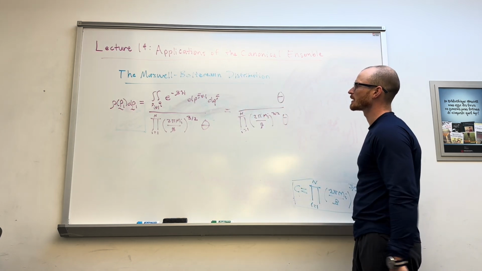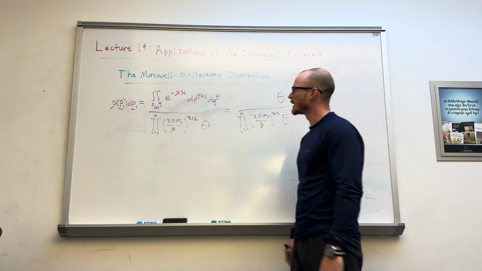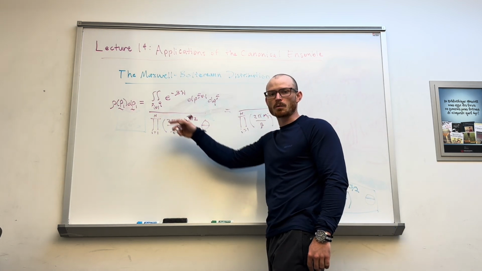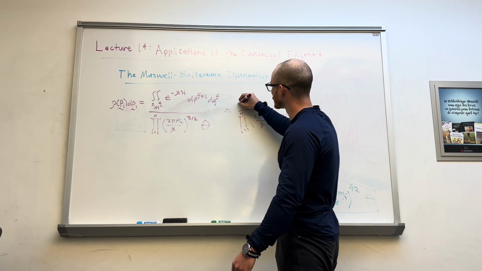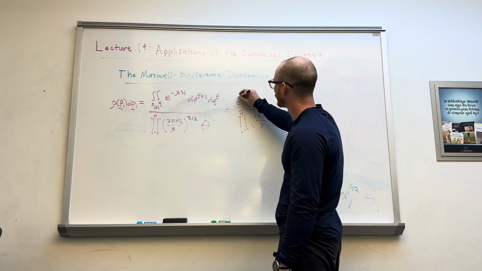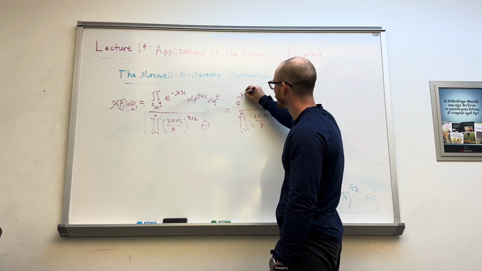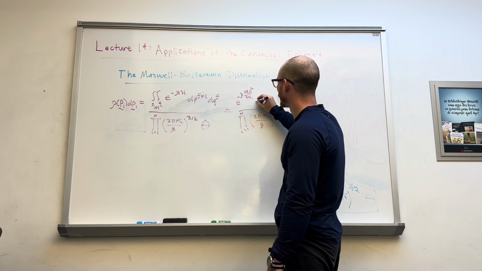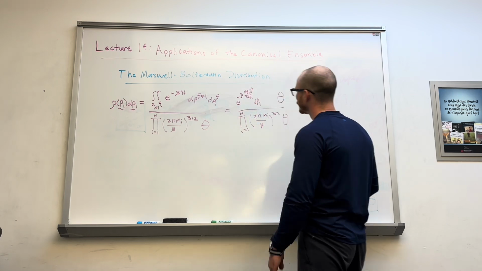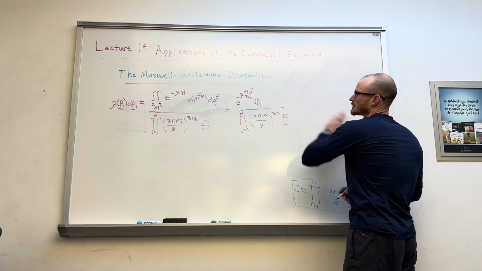But now we have something a little different, right? Now our integral isn't over P1. So one of these terms in the Hamiltonian is going to pop out here: e to the minus beta P1 squared over 2M1 dP1. This is not being integrated out.